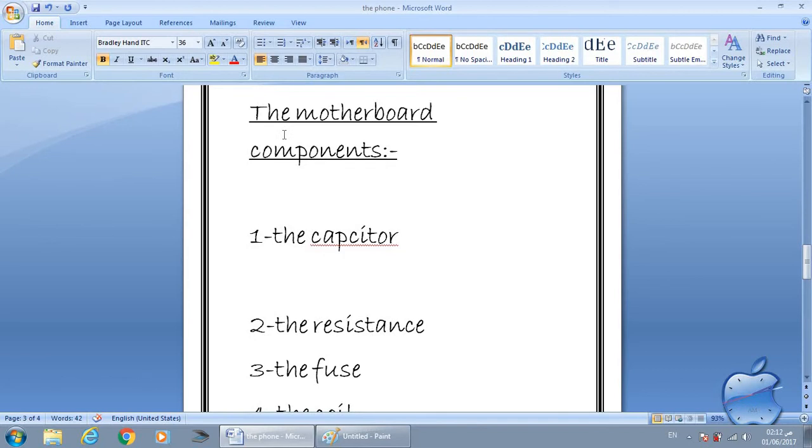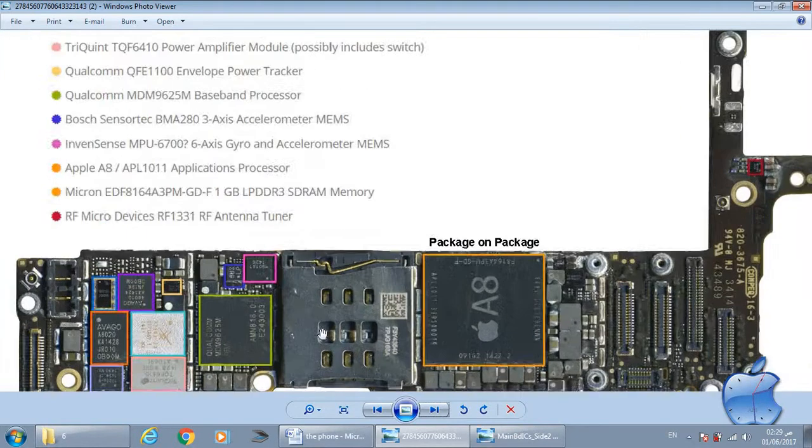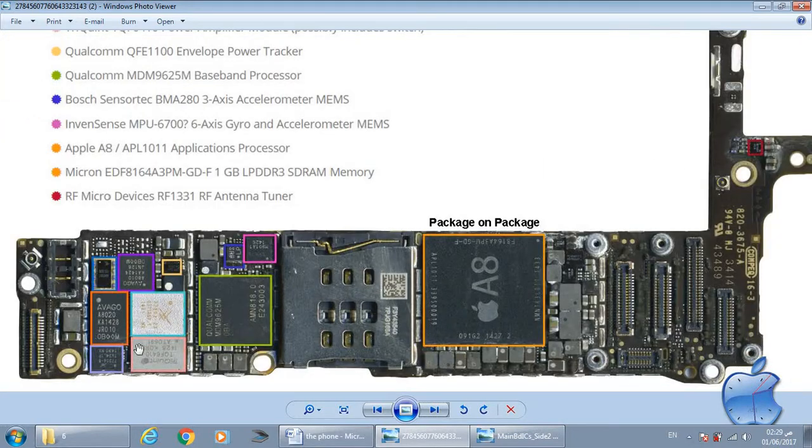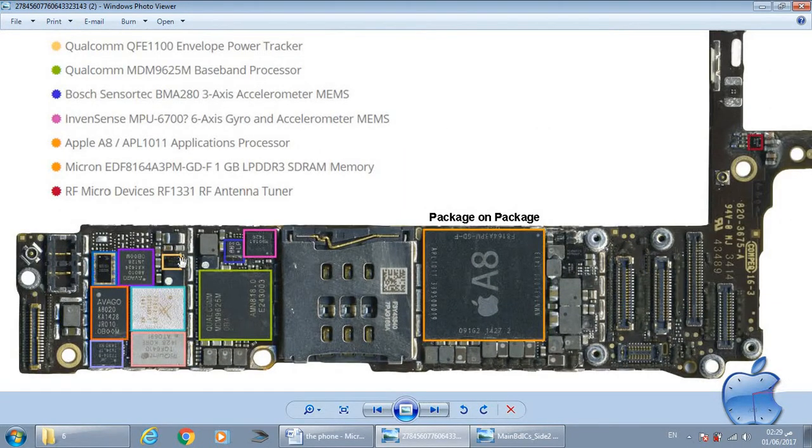And I will be explaining these motherboard components in another video I will be making. And as you can see here, I have brought an iPhone 6 motherboard to show you everything that I was telling. So this is the front side, and these big things are the ICs, and these small things like this are the rest of the components of the motherboard.